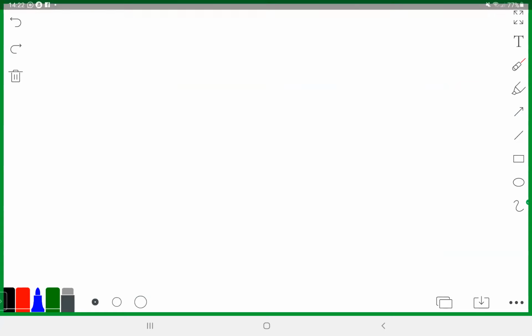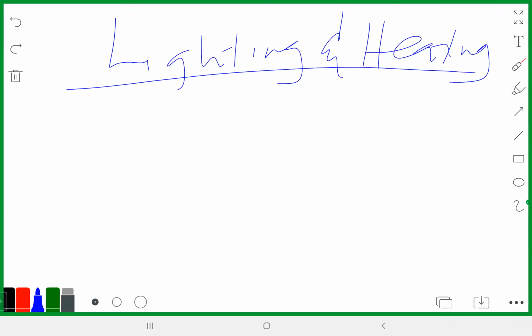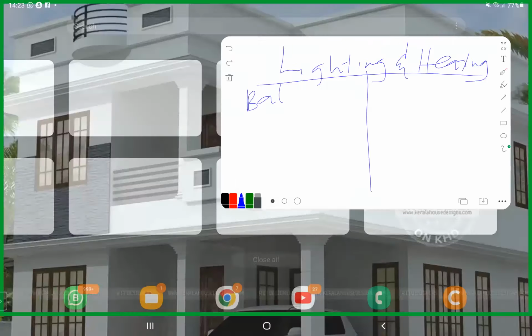Lighting and heating. All right. But lighting and heating, debit and credit, we are told that there is an opening balance, which is a debit entry of how much is that?